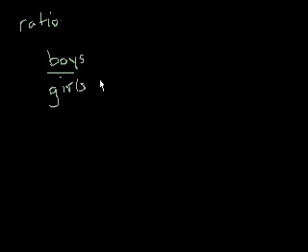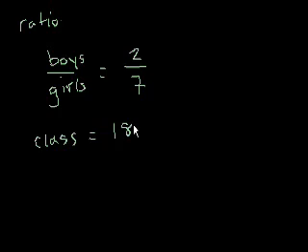Let's say the ratio of boys to girls is equal to 2 to 7. And if I were to tell you that the class has 180 kids in it, can we figure out how many boys and girls there are in the class?